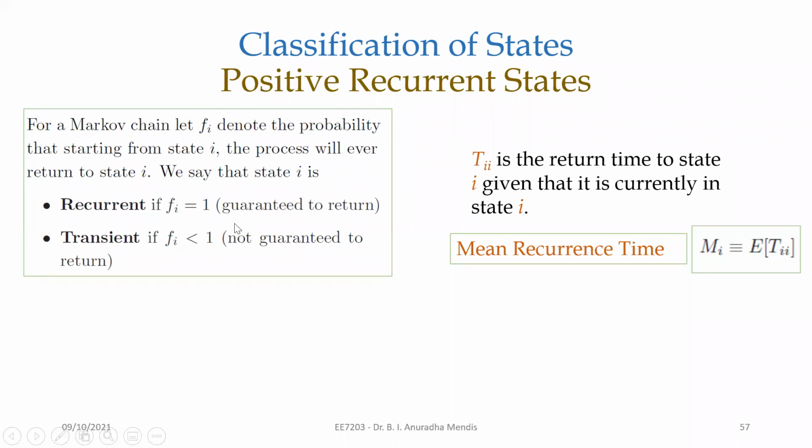If that probability is 1, that means you are guaranteed to return to the same state. Then we call that state a recurrent state.